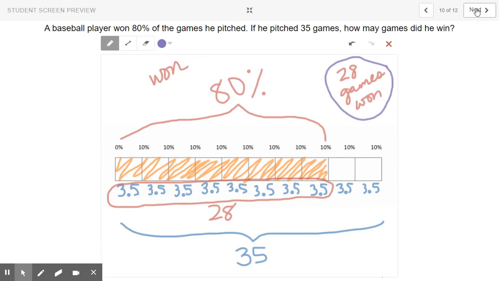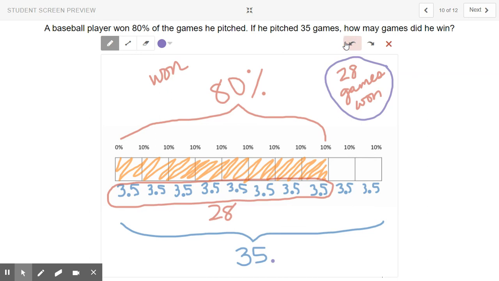A baseball player won 80% of the games he pitched. If he pitched 35 games, how many games did he win? So if you look at this, there's 35 games. Now this problem's a little different. If I divide 35 by 10, again, you move the decimal once to the left. 35 has no decimal, so it's at the end. I would move this decimal once to the left, it becomes 3.5.